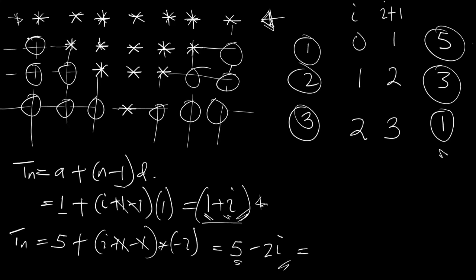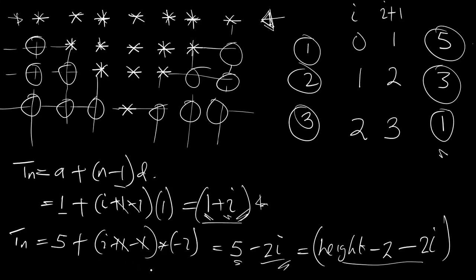Let's say if you have 9 rows, the first one will be 9, then the next one below it will be 7, meaning that they have a difference of 2. So this formula will change to height minus 2, then we add this minus 2I. Just like if the height is 7, if you put 7 minus 2, you have 5. So this is the formula we're going to use for the stars.